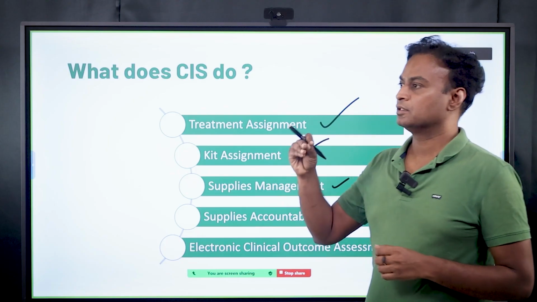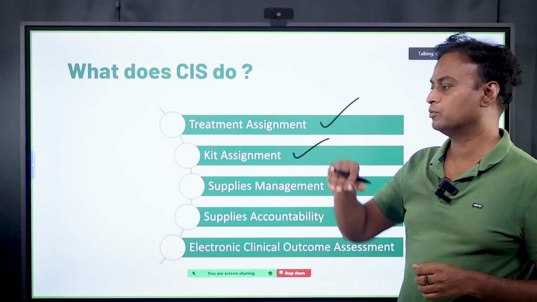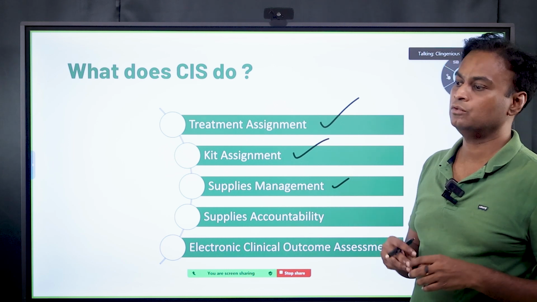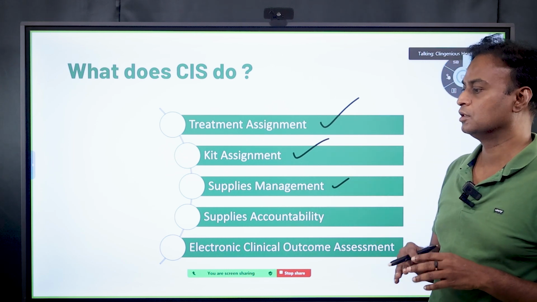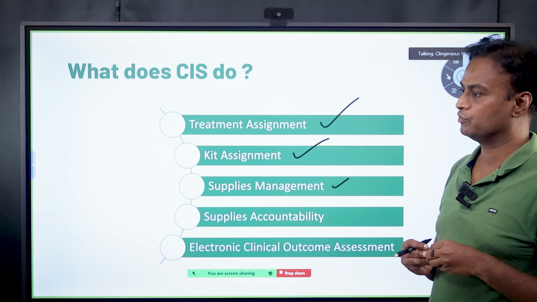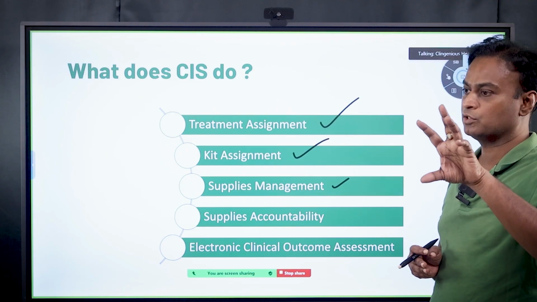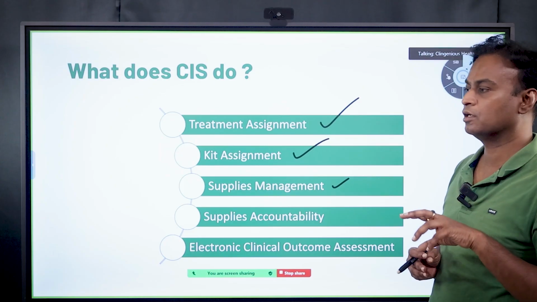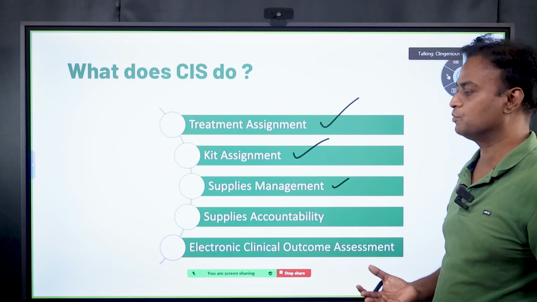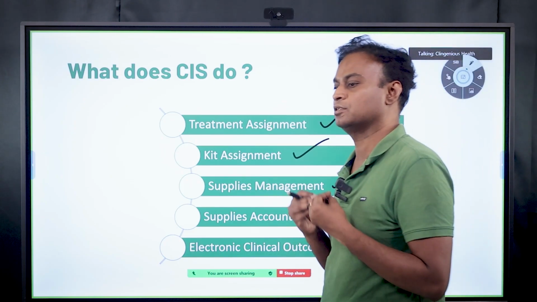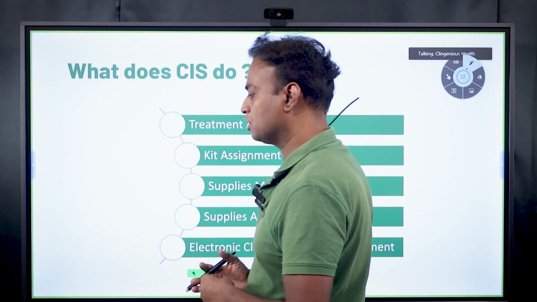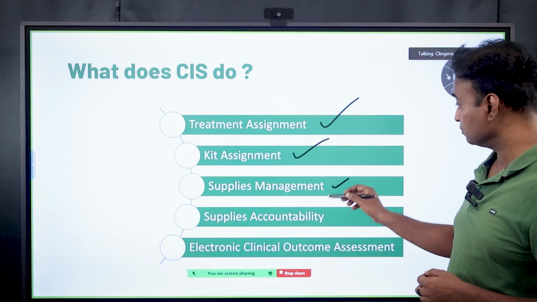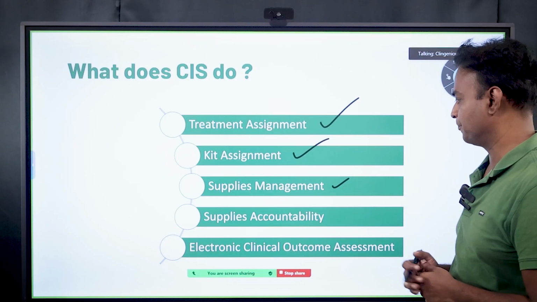For example, the central depot is in the US, the regional depot is in China, and local depots are in India, Sri Lanka, and Pakistan. So how do you ship the medication? In each site, how much medication has to be maintained, how many placebo kits, how many active kits, all this is decided and done by the clinical interactive response system.